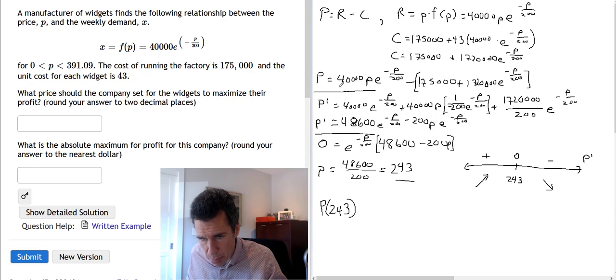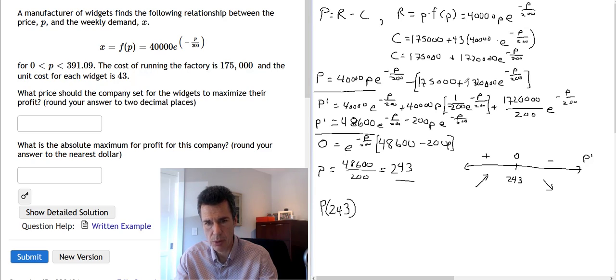Now we need to find the profit for 243, so we go back up to our profit equation and plug in. This isn't going to be fun, but we'll use our calculator. 40,000 times 243 times e to the negative 243 divided by 200, which is our revenue, minus, in parentheses, 175,000 plus 1,720,000 times e to the negative 243 divided by 200.